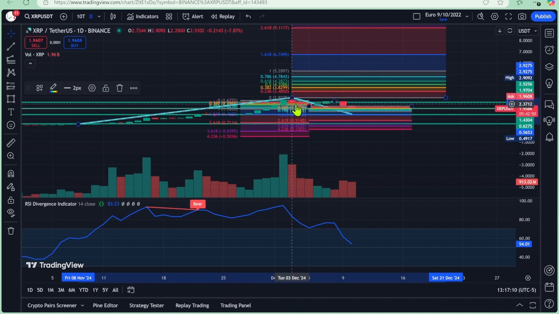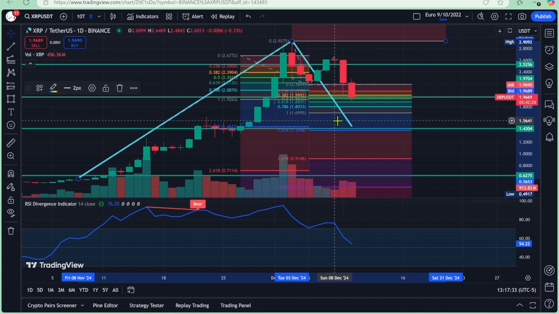So right now we're building a 3 wave correction, and price is bouncing. We're at 1966 now. So it's bounced a little bit from where it was. So keep everything under close scrutiny here.